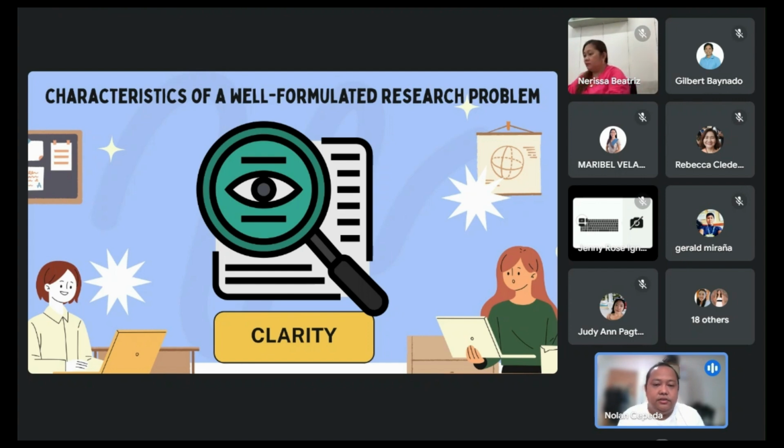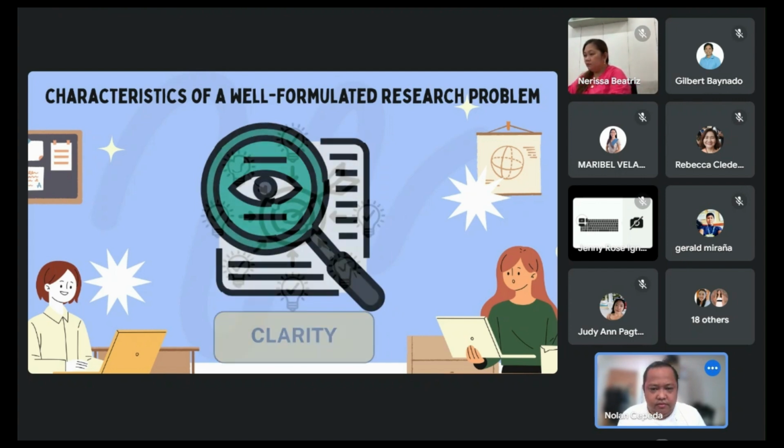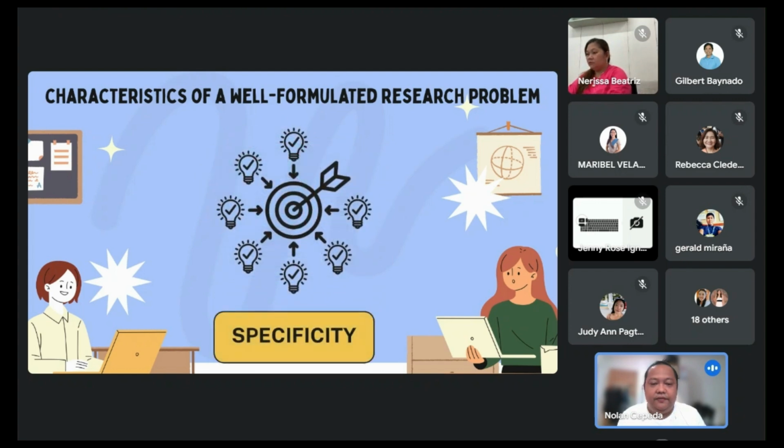So the next one is specificity, pagiging specific ng ating research problem. It refers to pagiging specific niya, so that we are only trying to hit a single target, just like the illustration po, ano.